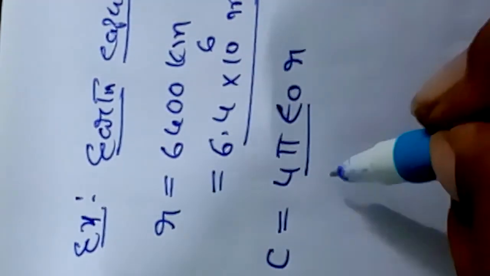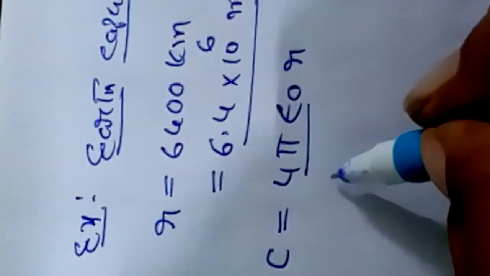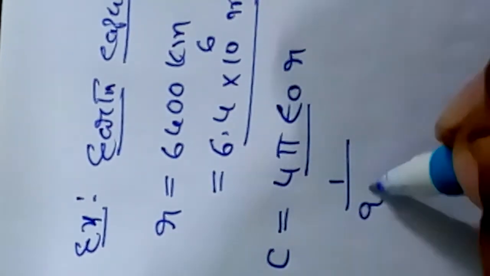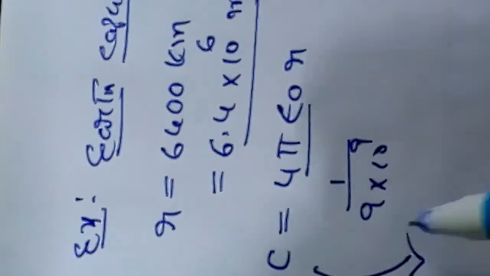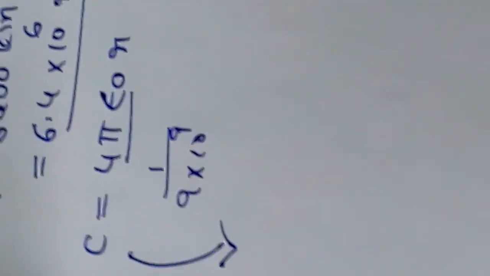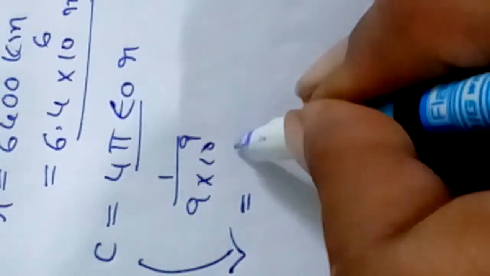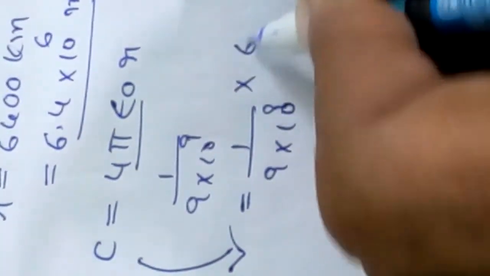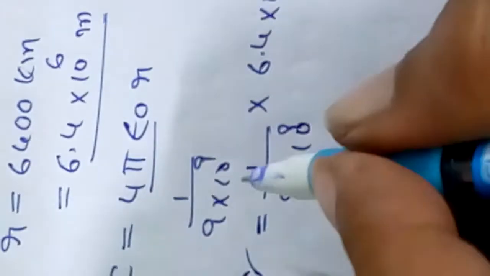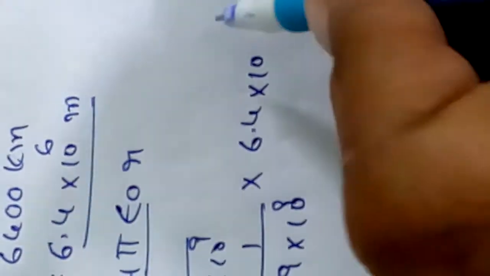This 4 pi epsilon naught is nothing but 1 by 9 into 10 power 9. So if I calculate the capacity, that is 1 by 9 into 10 power 9 into radius 6.4 into 10 power 6.